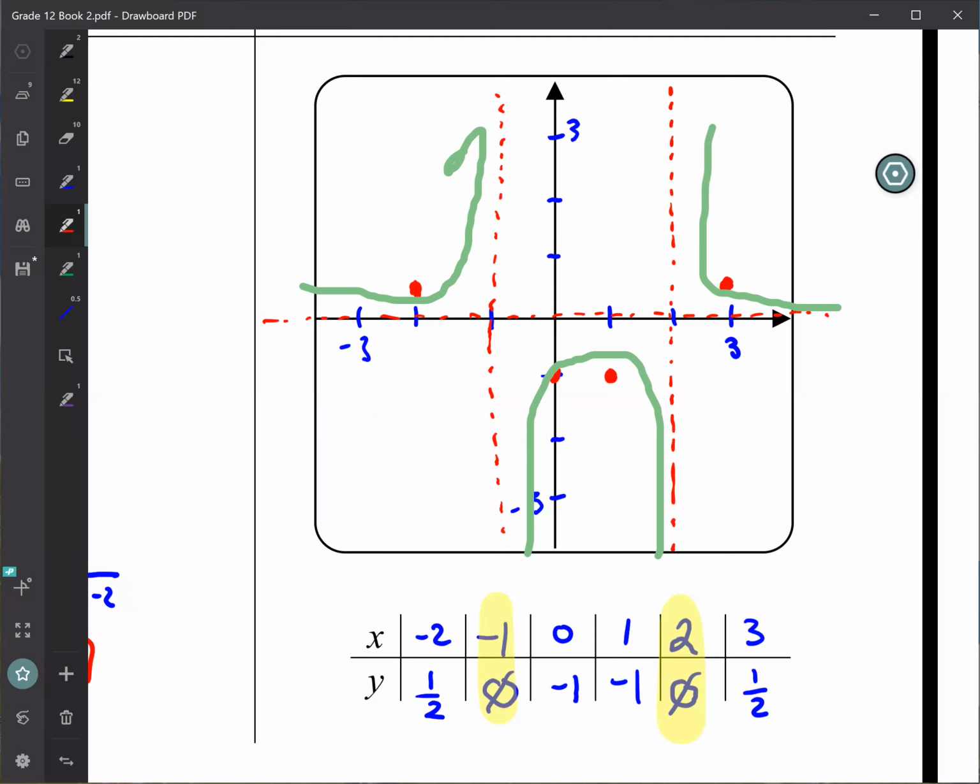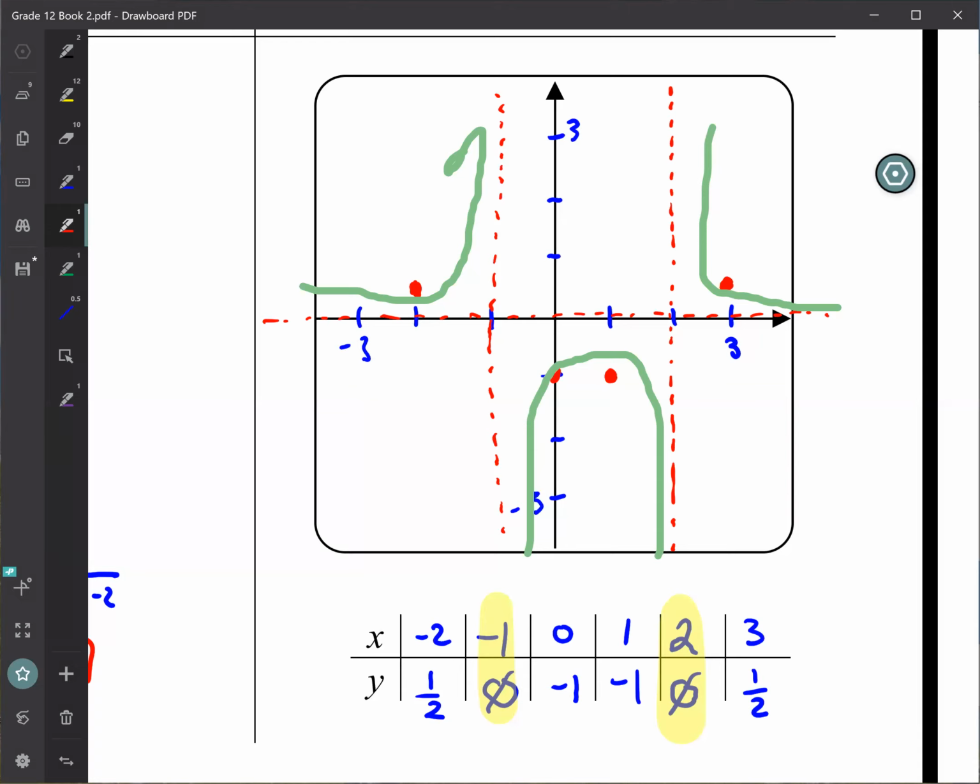Okay, so basically the points just show you the location of the curve, right? Because the asymptotes divide the whole grid into 6 parts, so you need to know in which part it has the graph. And then after you know the location, you just bend the curve so it gets closer and closer to the asymptote line, okay?